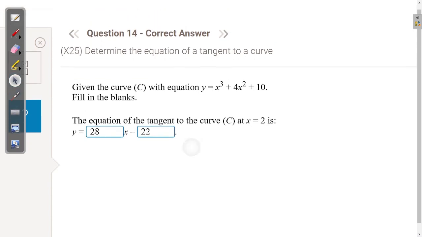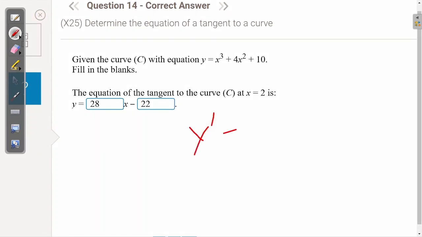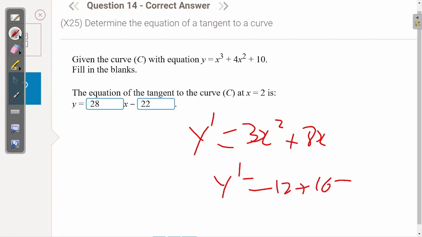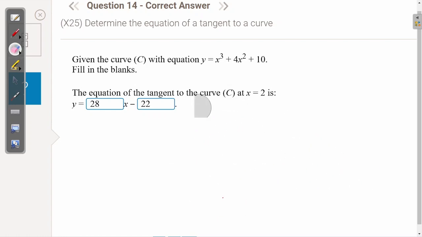So y prime equals 3x squared plus 8x plus 8, okay, and at 2, so you substitute 2, 2 to the power of 2 is 4, 4 times 3, 12, 12 plus 16 equals 28. So we know the slope is 28.